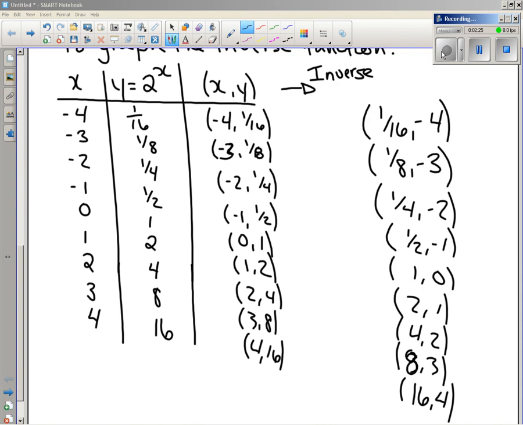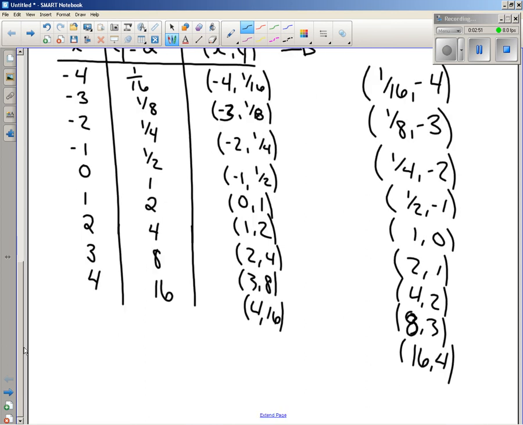Okay, so if we have our x, y coordinates for our function y equals 2 to the power x, if we want to find the inverse function of that, we're just going to switch the x and y coordinates. So we now have a coordinate of 1/16 and -4, 1/8 and -3, and so on. Those are going to give us the coordinates for our inverse function.